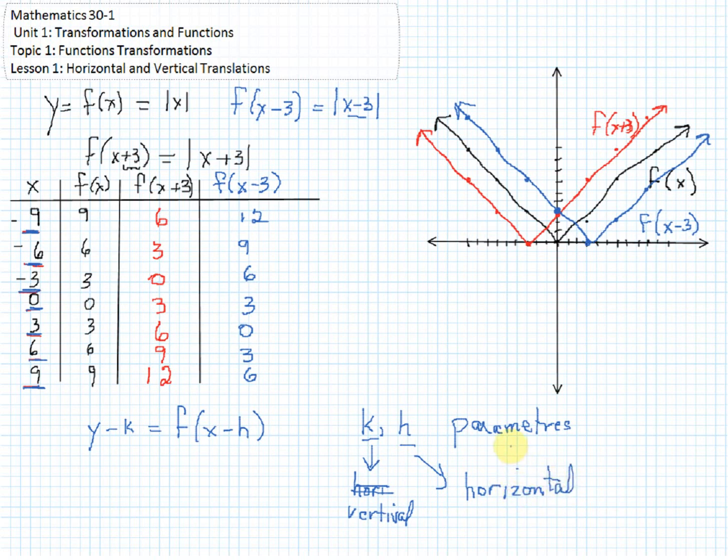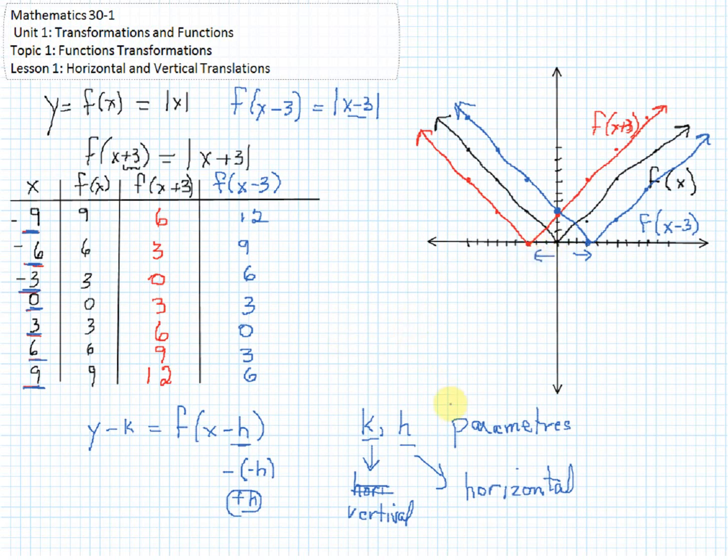And notice that with our h, we have negative h, so when I subtract h, that moves me to the right. If I subtract negative h, which is ultimately x plus h, in this case, I'm going to move to the left.